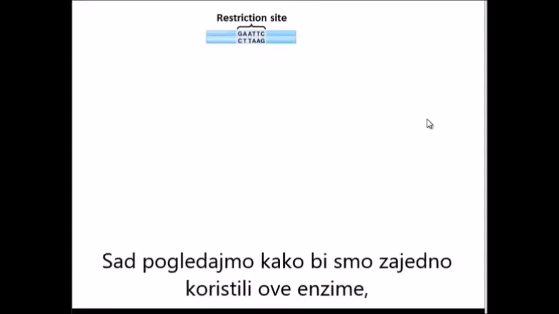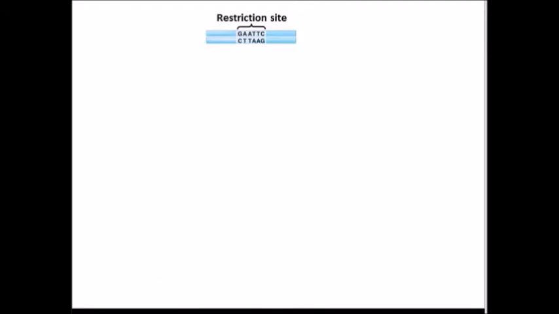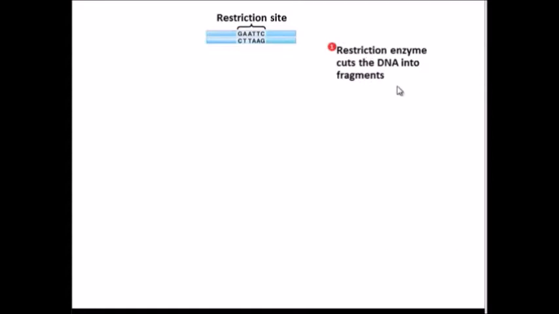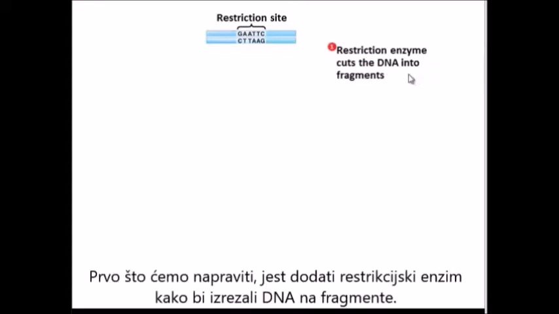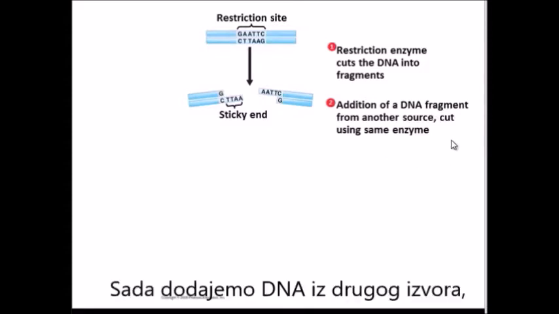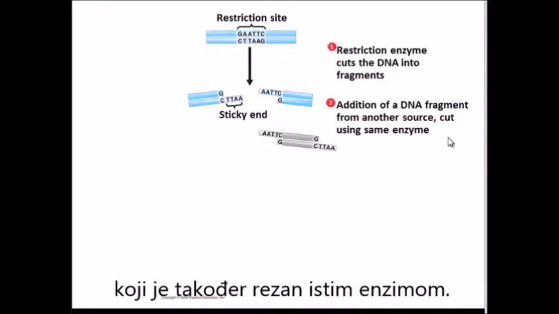Now let's take a look at how we would use these two enzymes together to create recombinant DNA. So here's our DNA sequence. Here's a restriction site for a particular restriction enzyme. First thing we're going to do is add a restriction enzyme to cut it into fragments. There we go. And here you can see the sticky ends. Now, we're going to add DNA from another source that's also been cut using the same enzyme.